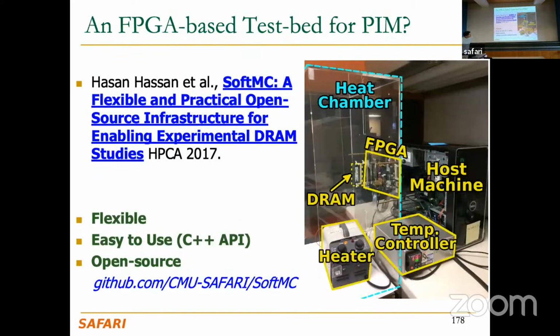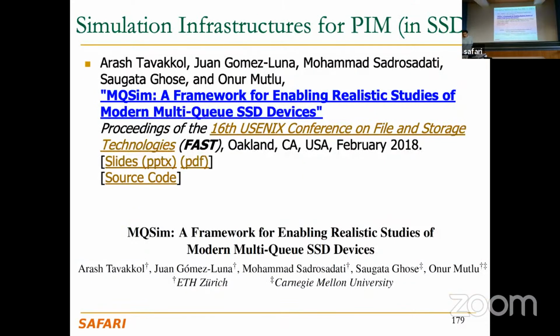Another infrastructure that can be used for processing in memory is SoftMC. And we indeed talked about SoftMC yesterday, because this is the platform that ComputeDRAM authors used to evaluate RowClone and Ambit in real DRAM chips. And there are more simulators, many more. This one is also quite a good one, popular, widely used.